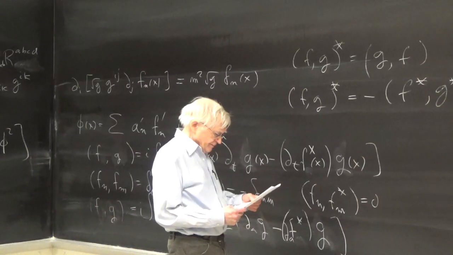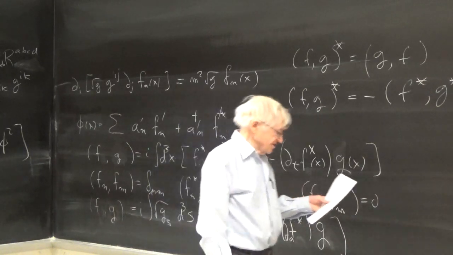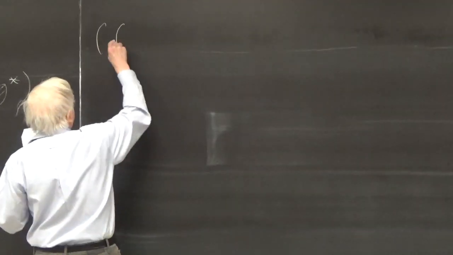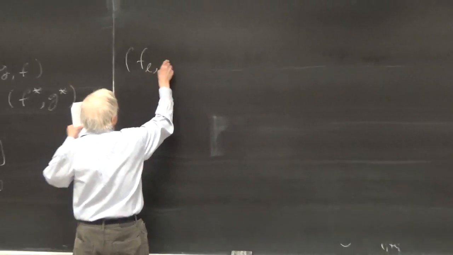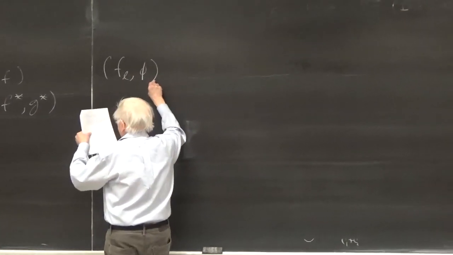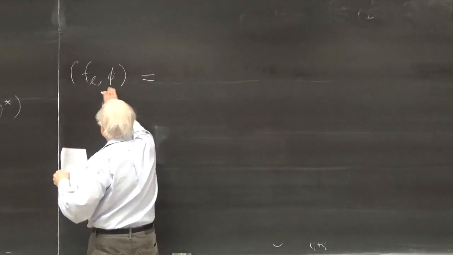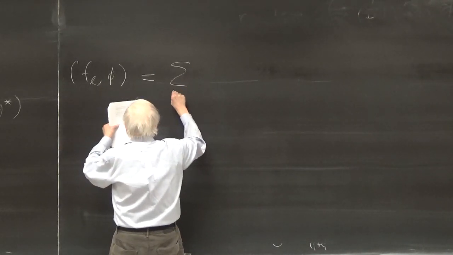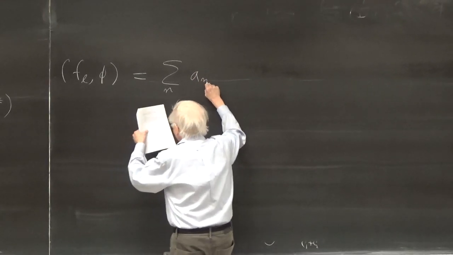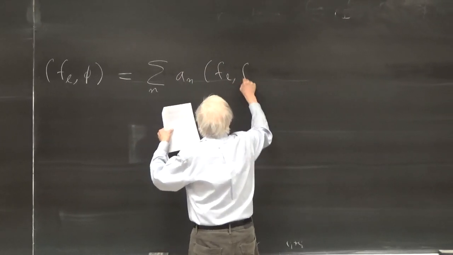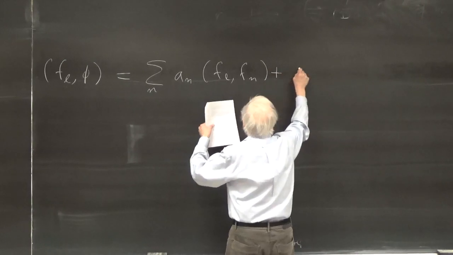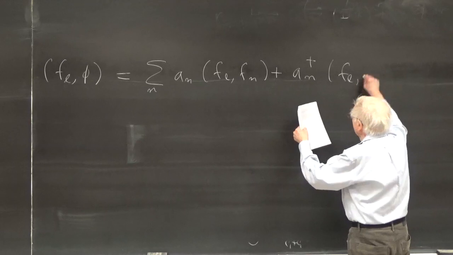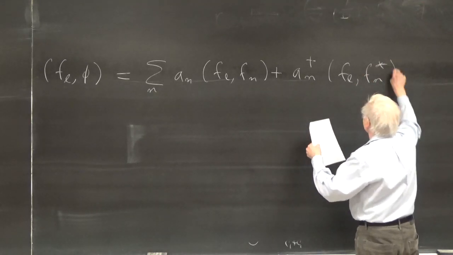All right, so now I'm going to go through some algebra, and in particular, I'm going to follow the notes so as not to screw up. The scalar product of FL with the field is a sum on n, A_n (FL with Fn) plus A_n dagger (FL with Fn star).